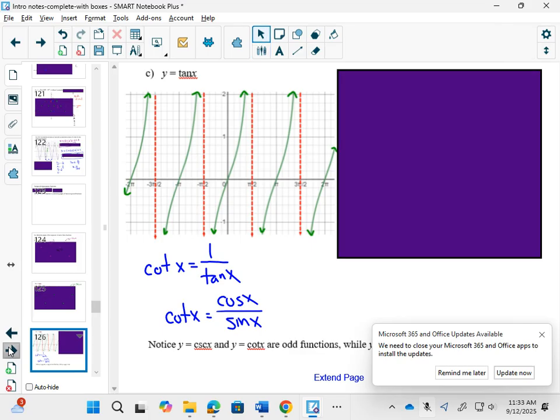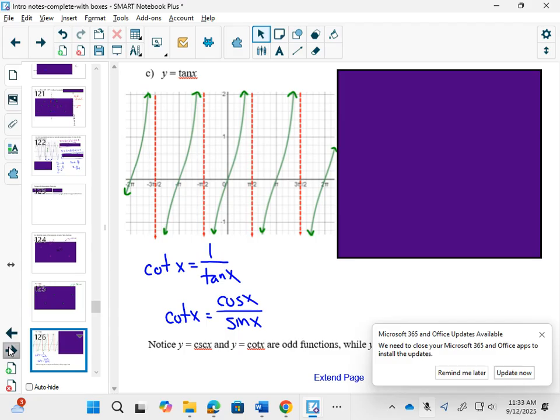If you graph 1 over tan x, your original asymptotes where tan is not allowed are still not allowed. Where is tan not allowed? Tan is not allowed when cos is 0. But if you graph cos over sine, then the only thing that's not allowed is sine can't equal 0.